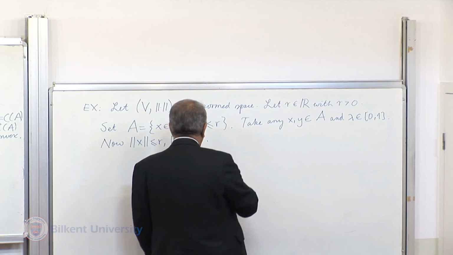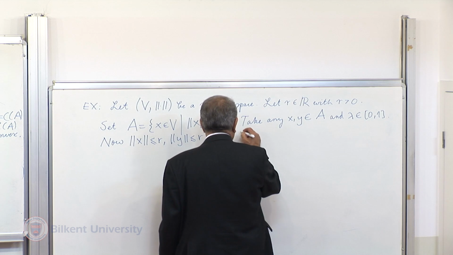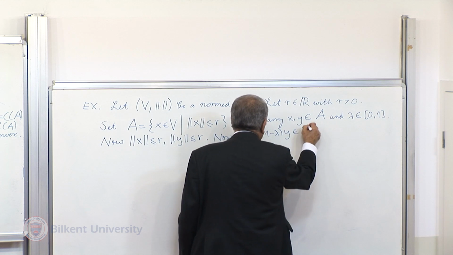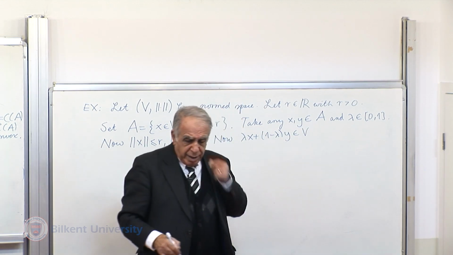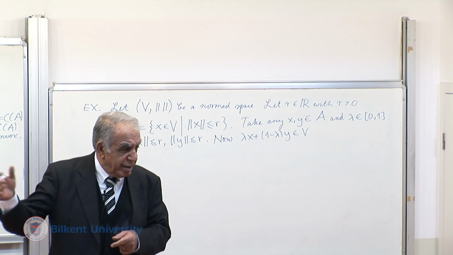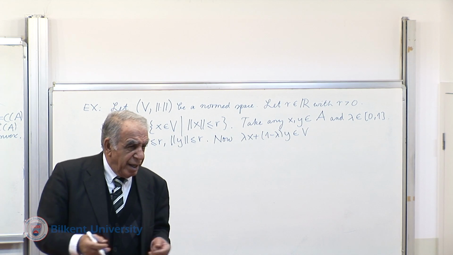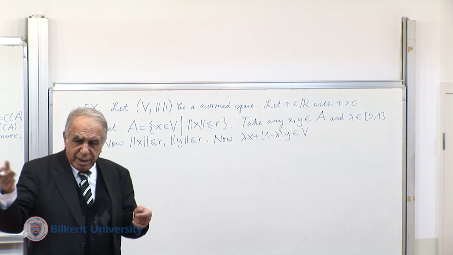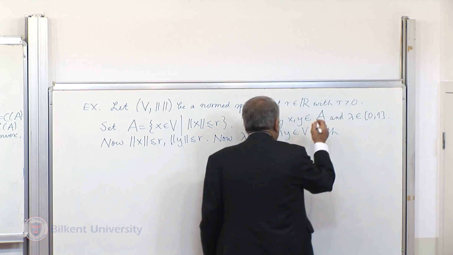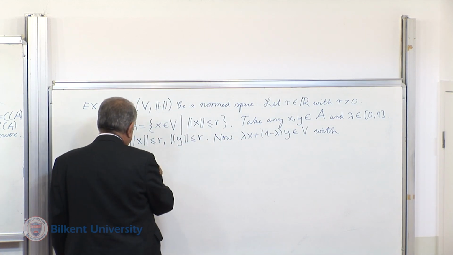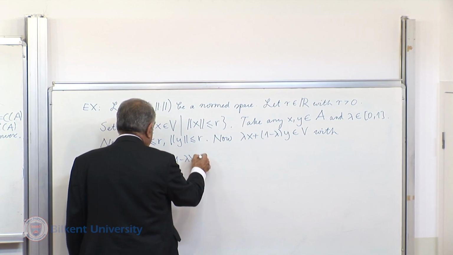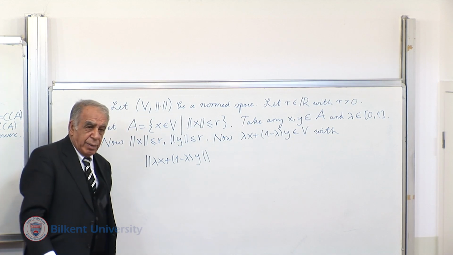Well, it's in V, because these are binary operations on V. The sum of any two vectors is a vector in the set, and the scalar product of any vector is again in the set. Now we need to check whether this will be less than or equal to R.